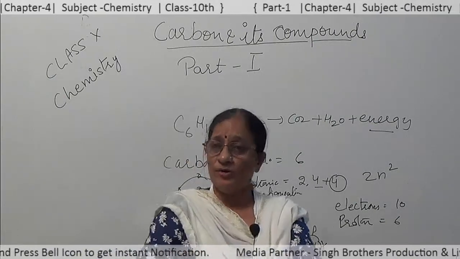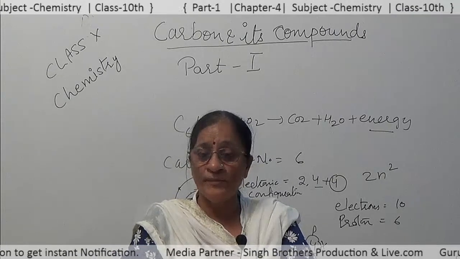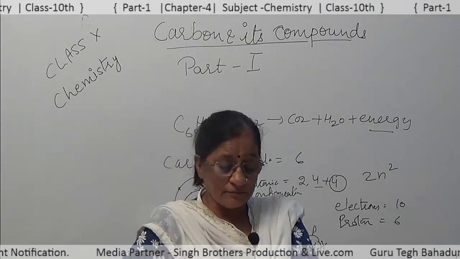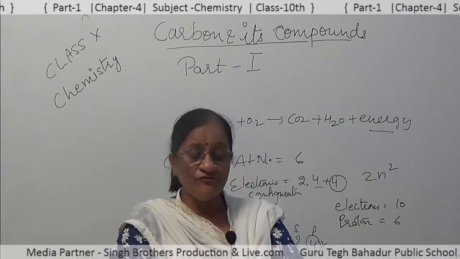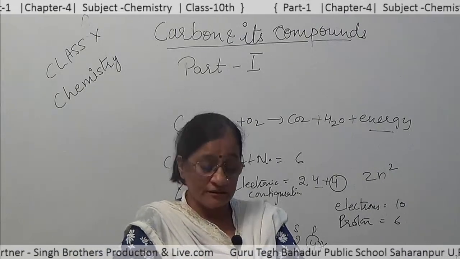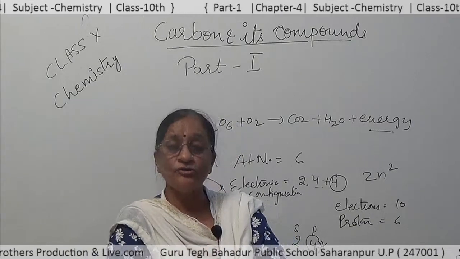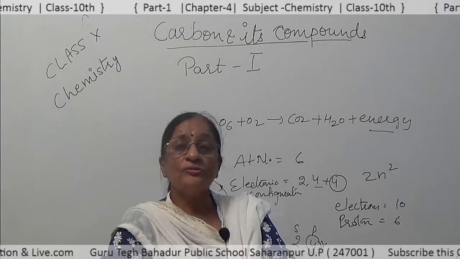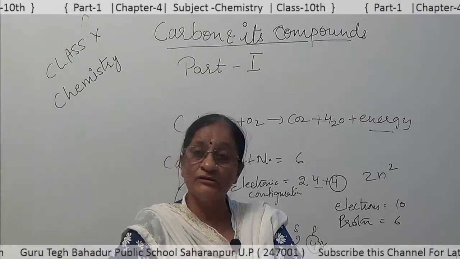From the above discussion, it is proved that by gaining or losing 4 electrons, carbon cannot attain a stable electronic configuration, hence it cannot form an electrovalent bond. So, how does carbon solve this problem?